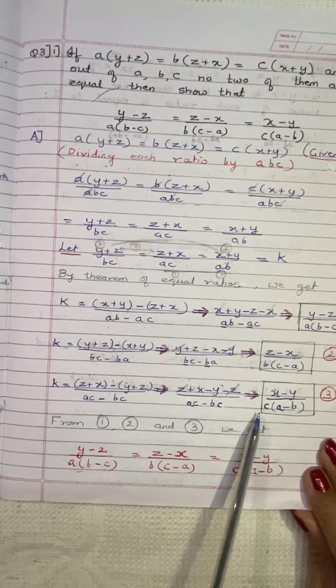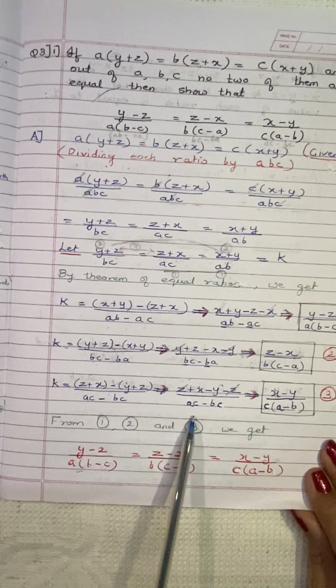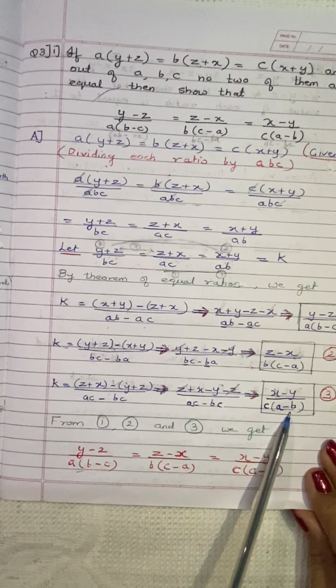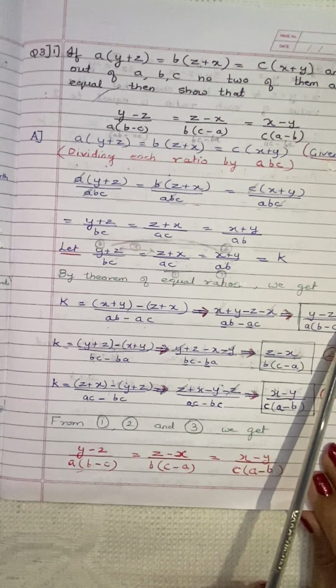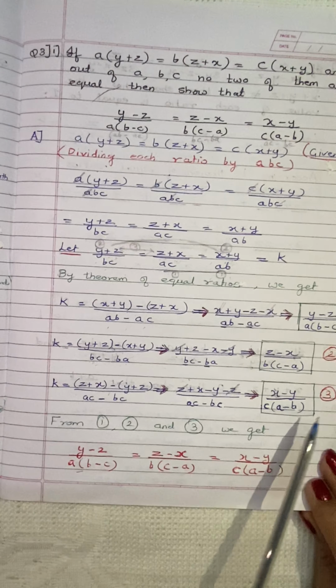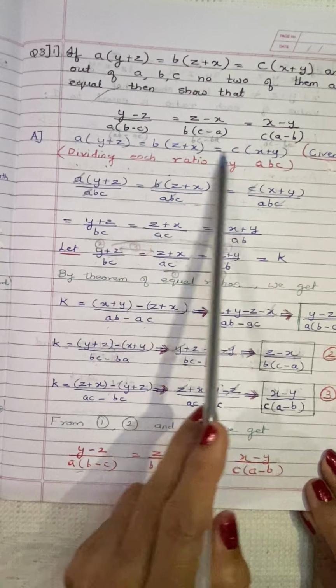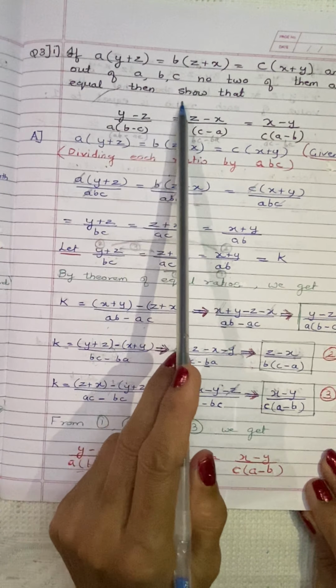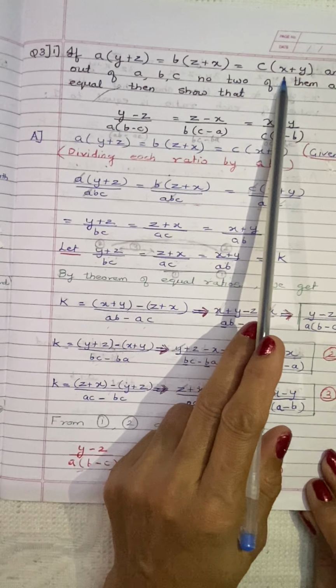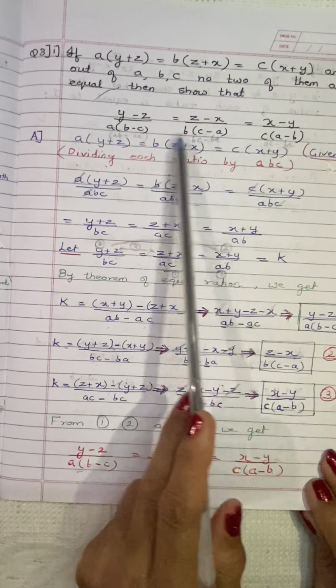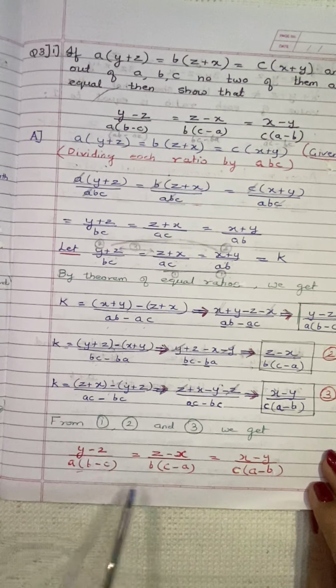So x minus y upon, again C common factor we'll take, into bracket A minus B. So from 1, 2 and 3 expressions we get this as the answer. Okay, so we are showing that this expression is equal to this. Finally we get this answer to it.